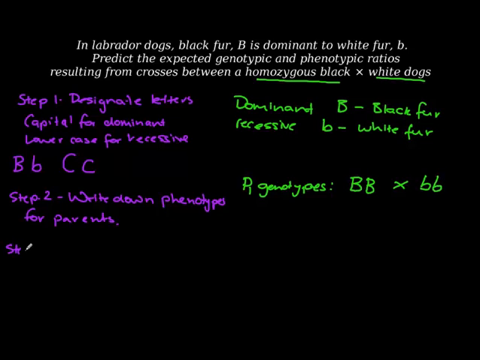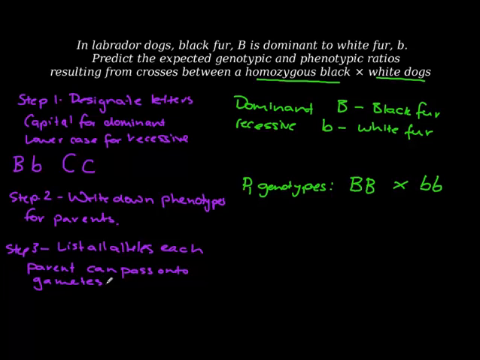Step 3. What we need to do in step 3 is list all the alleles each parent can pass on to gametes.